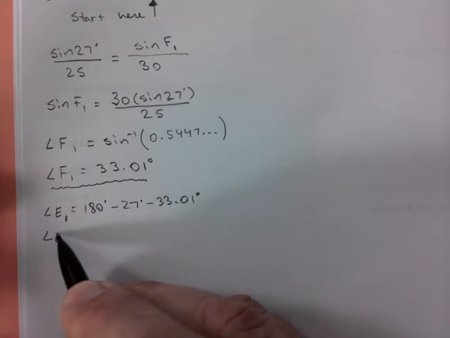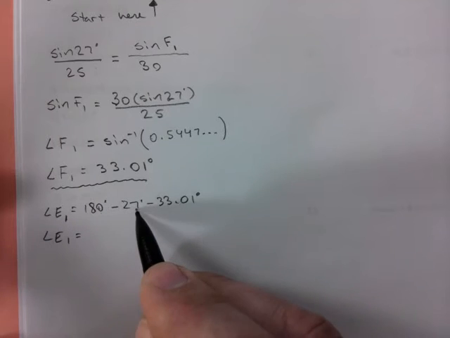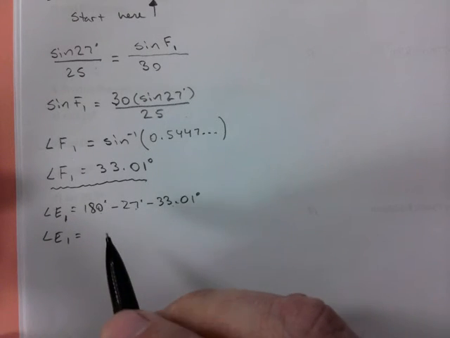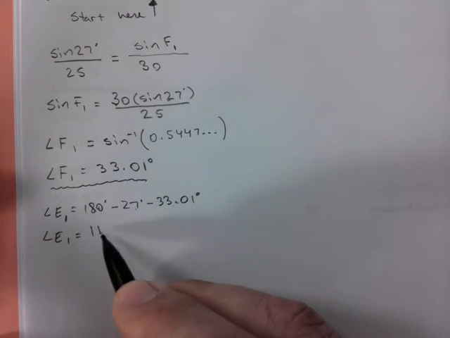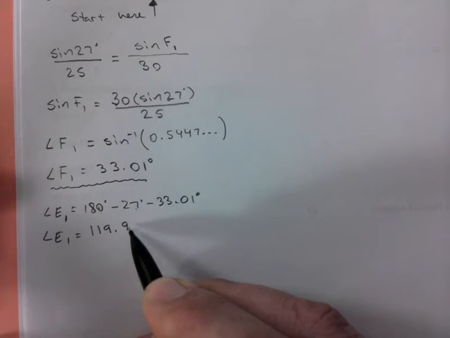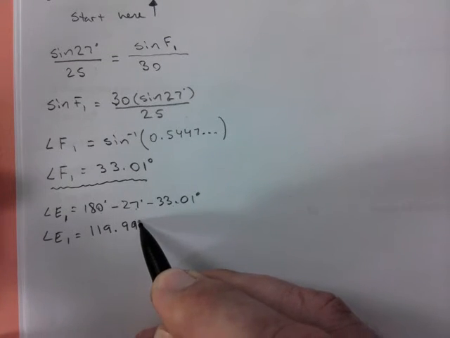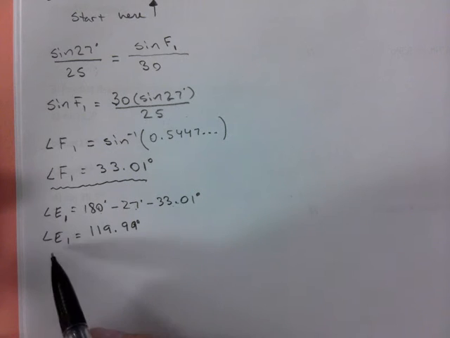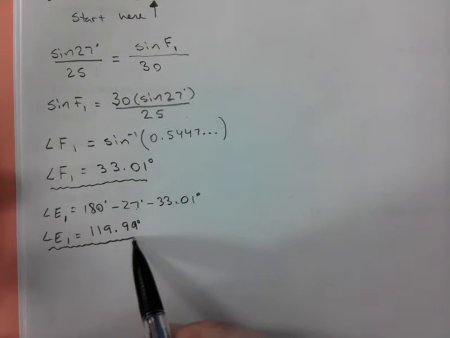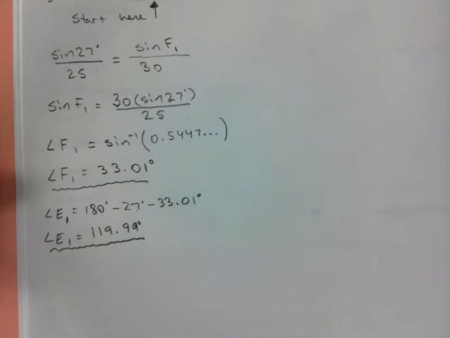So angle E1, when you subtract these all, you get 119.99 degrees, which is also important to me, but I'm not going to box it in because that's not the final answer. So I'm going to just leave it there for now. Make sure you write that down.